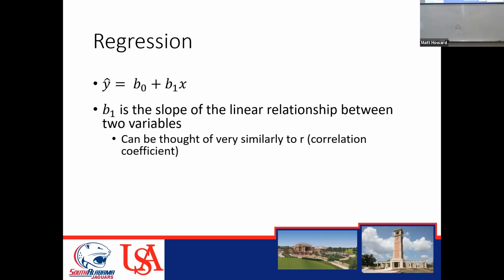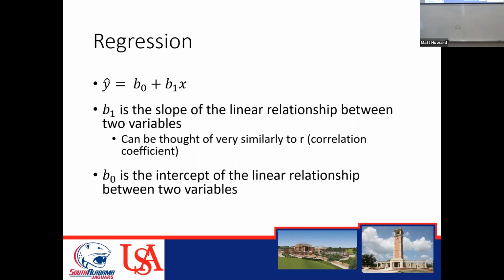When we did correlation before, we talked about positive and negative: positive values are a positive relationship, negative values are a negative relationship. That still applies for beta 1, because beta 1 tells us the slope of the relationship.